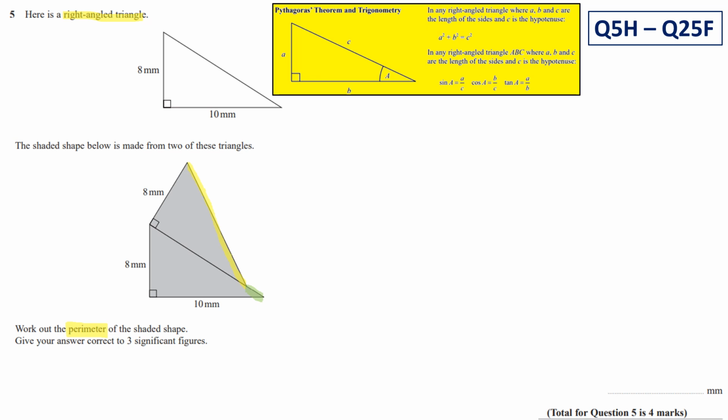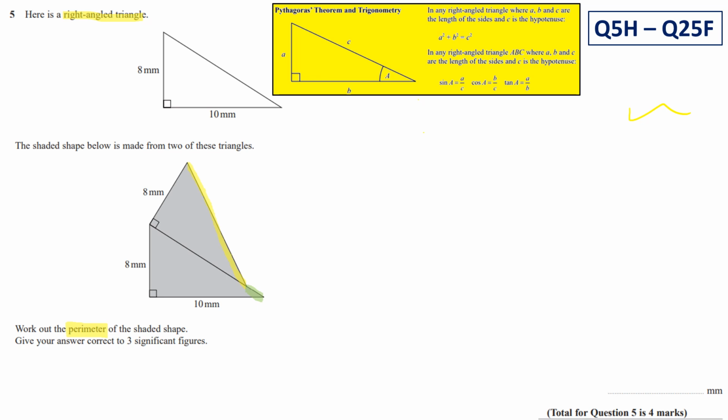So the first one is to work out what the yellow diagonal line is. Well, that's the hypotenuse of one of these shapes. So the first thing I want to be able to work out is what's the hypotenuse of one side.